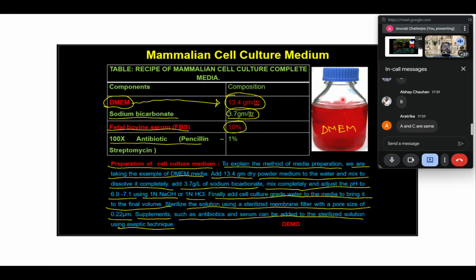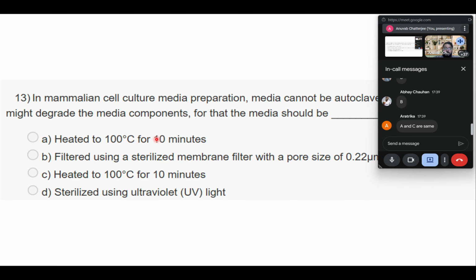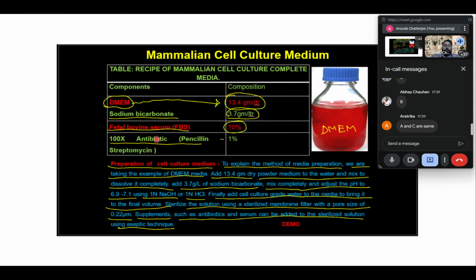If you have ever seen cells being grown in a cell culture room, they always have a red-colored appearance in the plate. Then you add FBS and your antibiotic, and then filter the entire thing using a 0.22 micron filter.